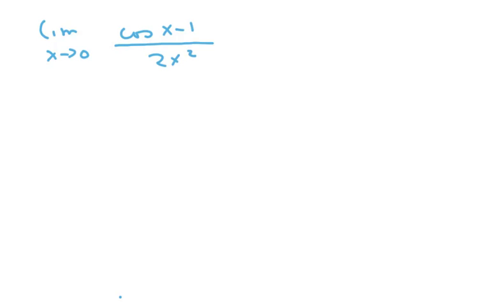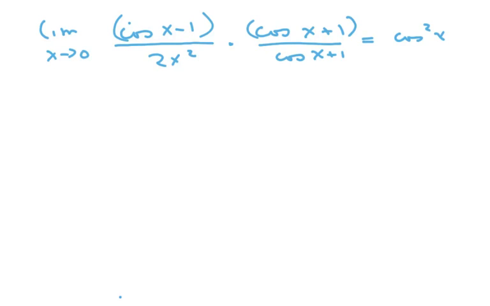So analytically, I want it to look like my special limits, so I'm going to multiply the numerator by the conjugate. So that's going to be the conjugate. And the numerator, therefore, if you multiply these two, is going to be cosine squared of x minus 1. And then in the denominator, I'm going to have 2x squared times cosine x plus 1.